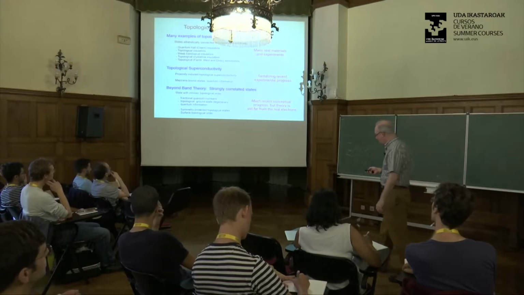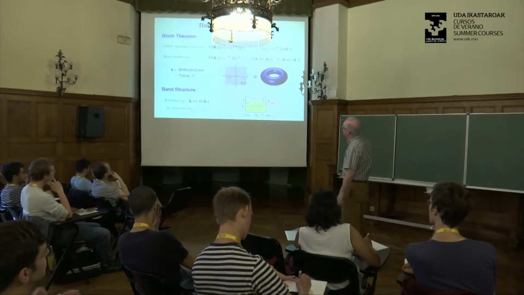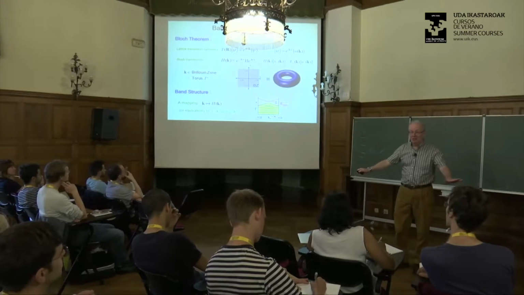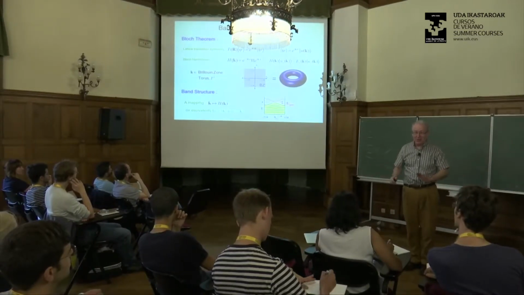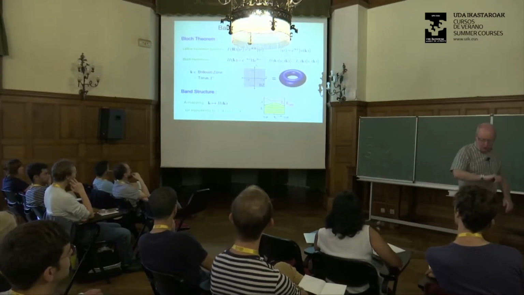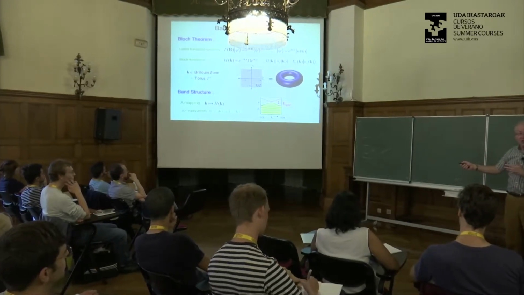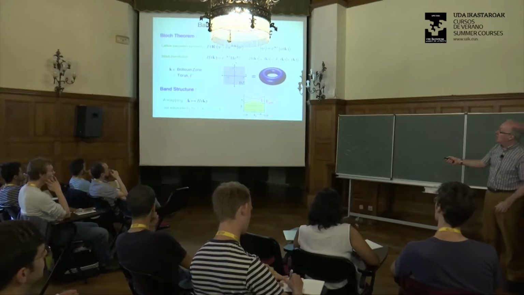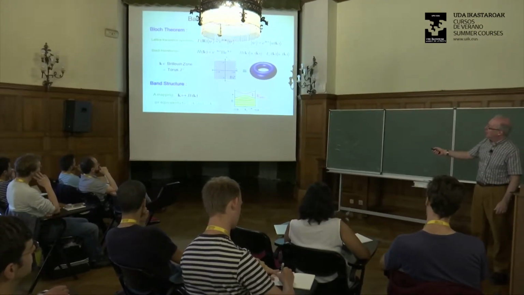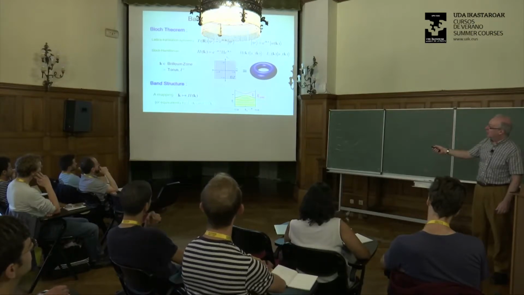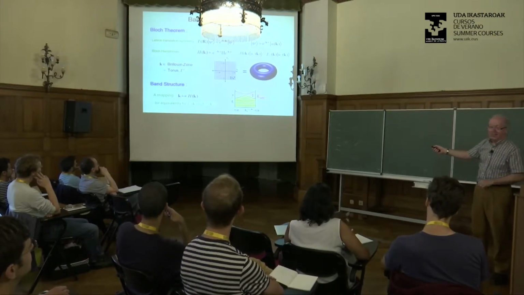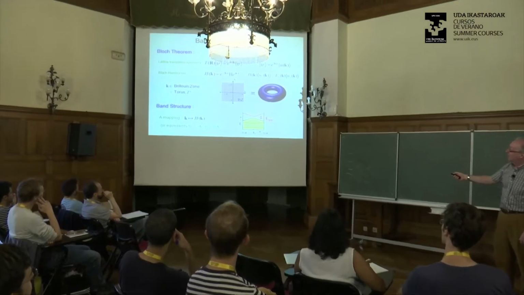So let me start off at the very ground zero and talk a little bit about band theory. Band theory, of course, rests on Bloch's theorem with the translation symmetry of a crystal, which basically tells you that if you have a lattice translation symmetry, then you can choose your single particle eigenstates to be eigenstates of that translation.